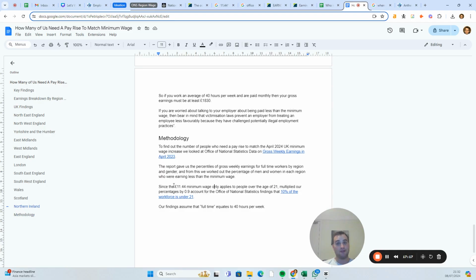Since the £11.44 minimum wage only applies to people over the age of 21, we multiplied our percentages by 0.9 to account for the Office of National Statistics findings that 10% of the workforce is under 21. Our findings assume that full-time equates to 40 hours per week.